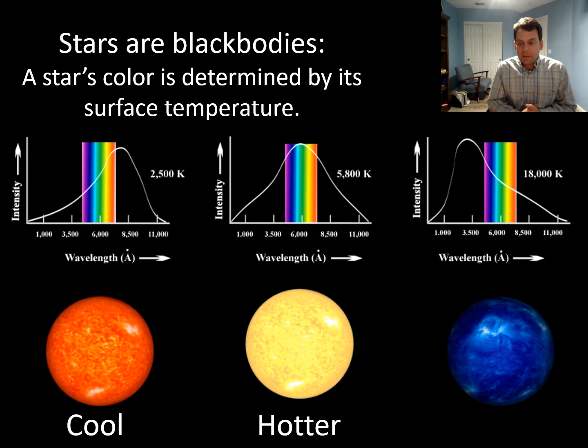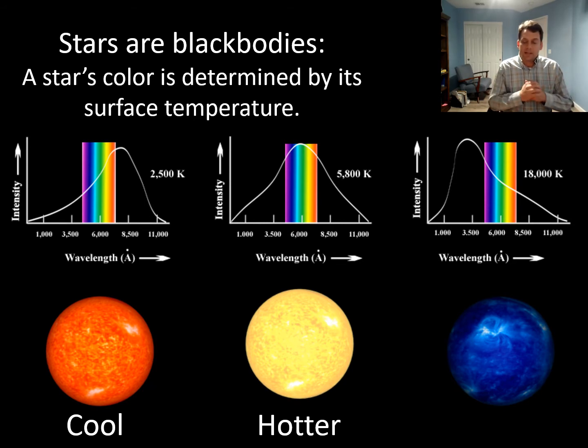So we've talked about blackbody radiation already and drawn a number of curves and said this is what a blackbody spectrum looks like. That wasn't all just for fun and games. I mean, it was a lot of fun, I think, but there actually was a reason for that, and the reason is that stars are blackbodies.